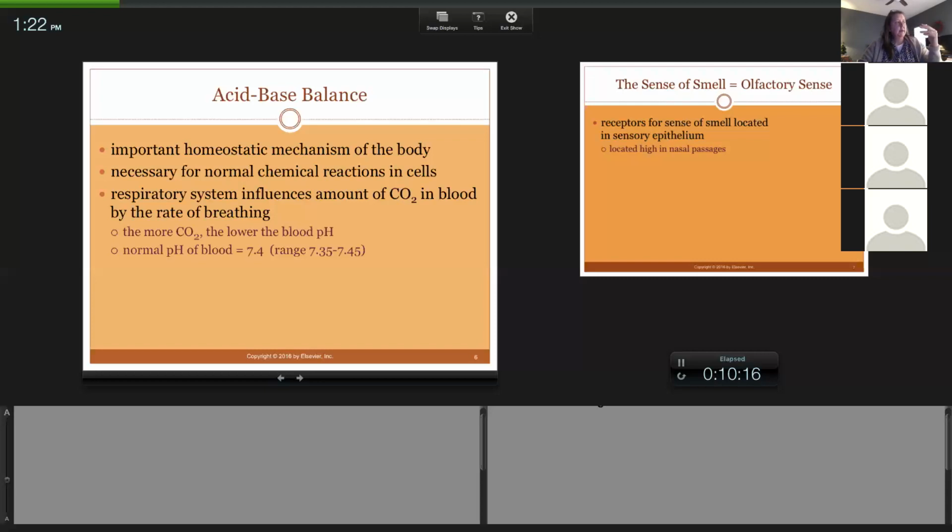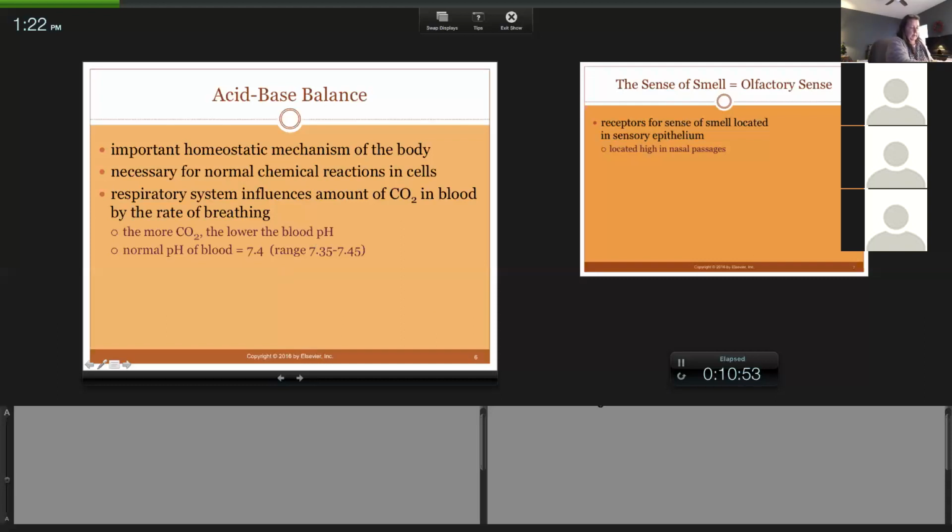Normal pH allows for normal cellular reactions within the body. So when we go above or below, we're affecting cellular function. And the respiratory system is going to adjust, because of CO2. You need to know these abbreviations too. CO2 stands for carbon dioxide. Normal carbon dioxide is 40, and I'm going to type that so you know.